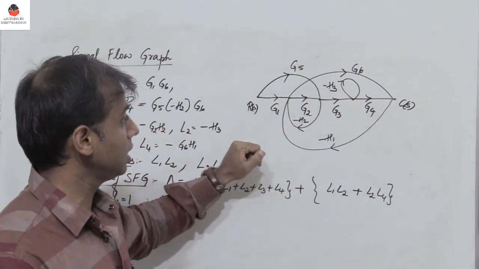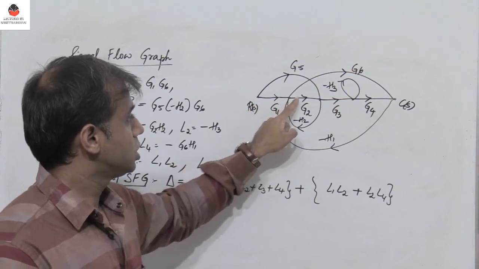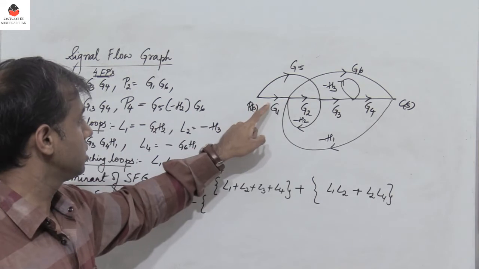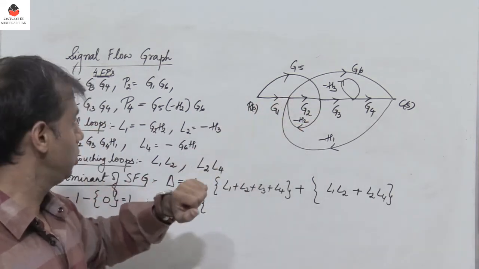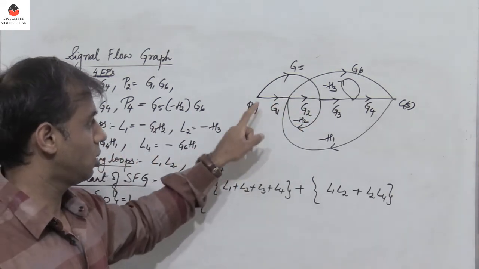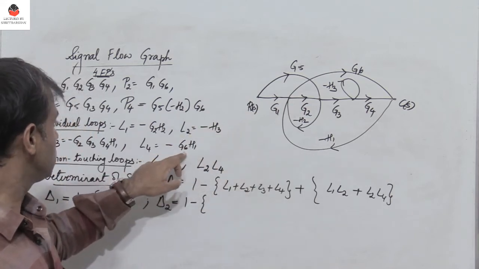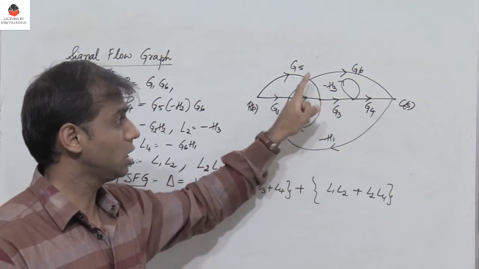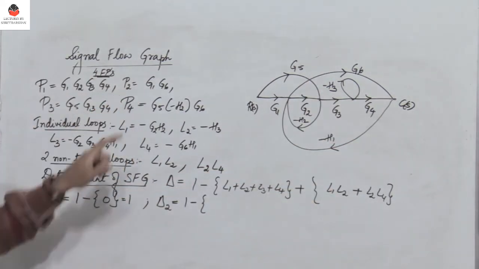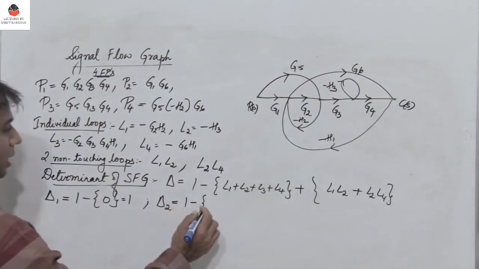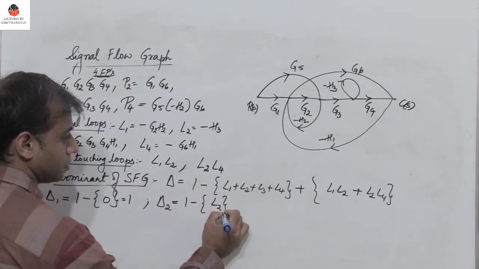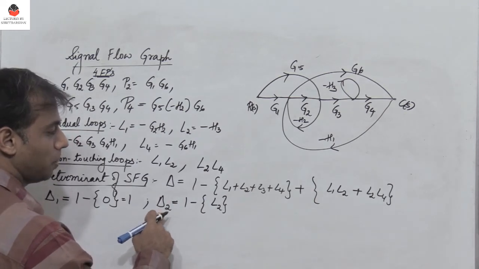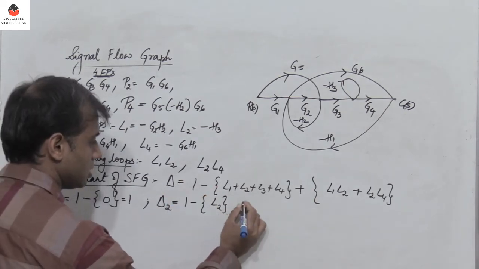Here I find that L1 shares a common node, L3 also shares a common node, L4 also shares a common node, whereas L2 does not share a common node with the forward path 2. So here I have 1 minus L2. Two non-touching loops which do not touch the forward path 2 does not arise, so we stop here itself.